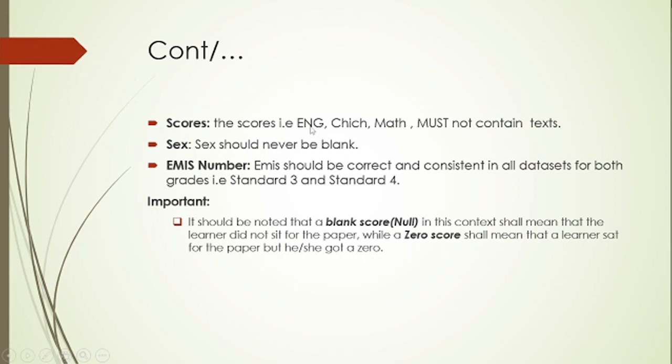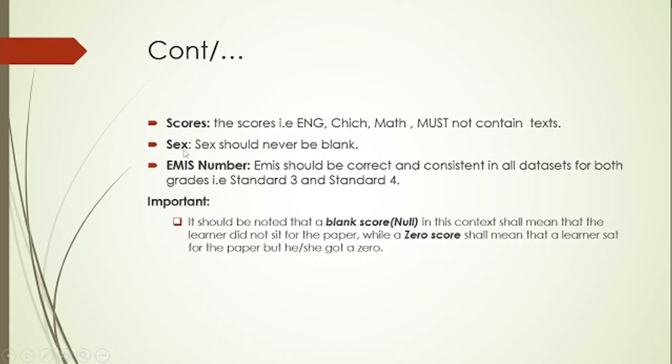For example, if the data entry officer indicated AB, we need to remove that, so it should be blank. The same with Chichewa: if we come across a score which is not a number, we need to remove it so that it is a number or a blank.